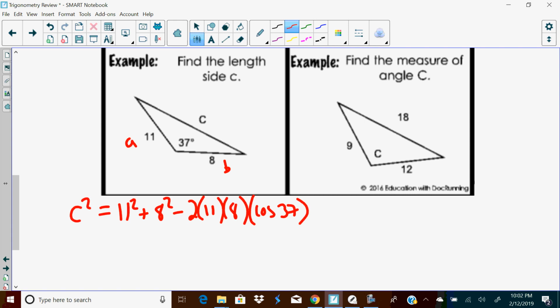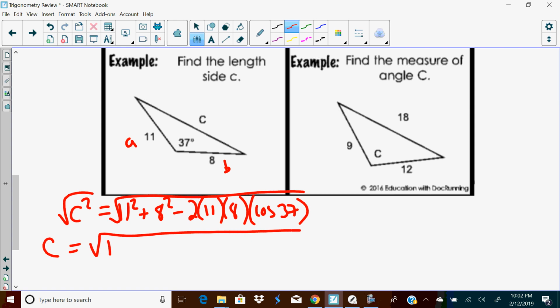In order to solve that, you're going to find the square root of both sides. So in my calculator, I did C equals the square root of this whole thing.